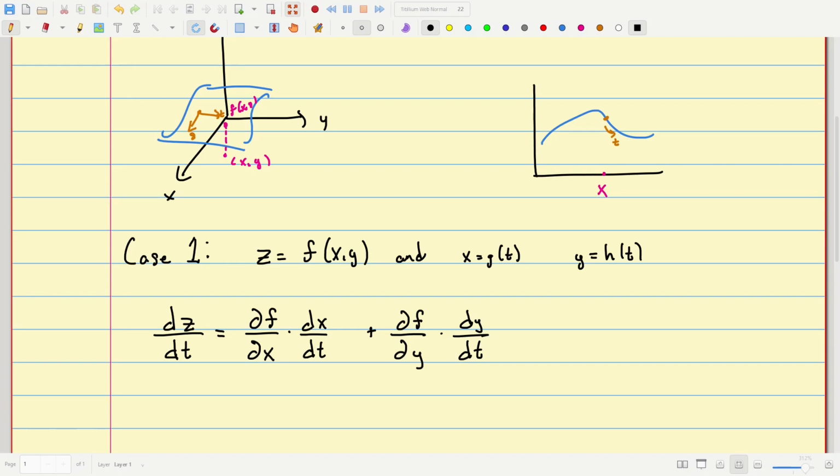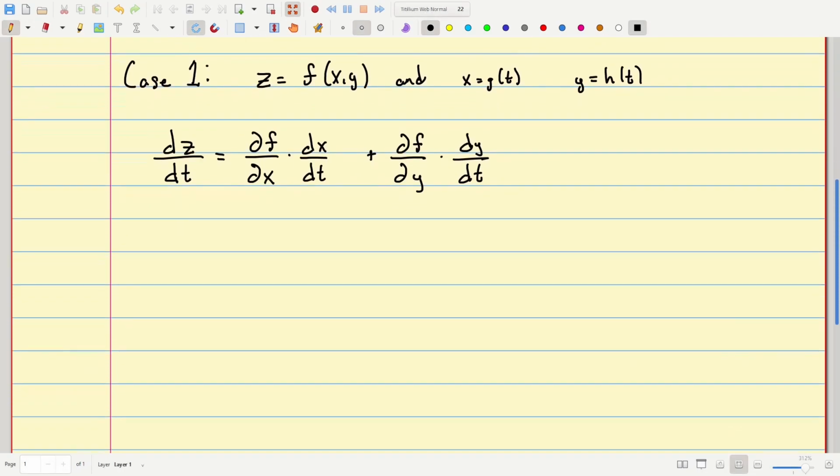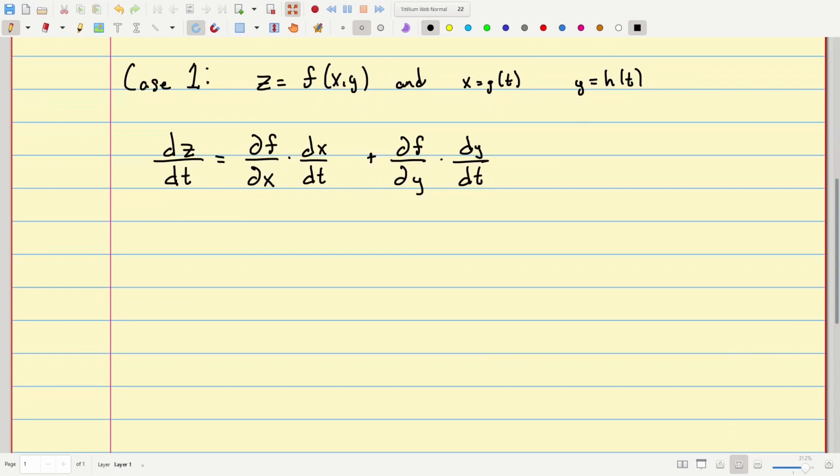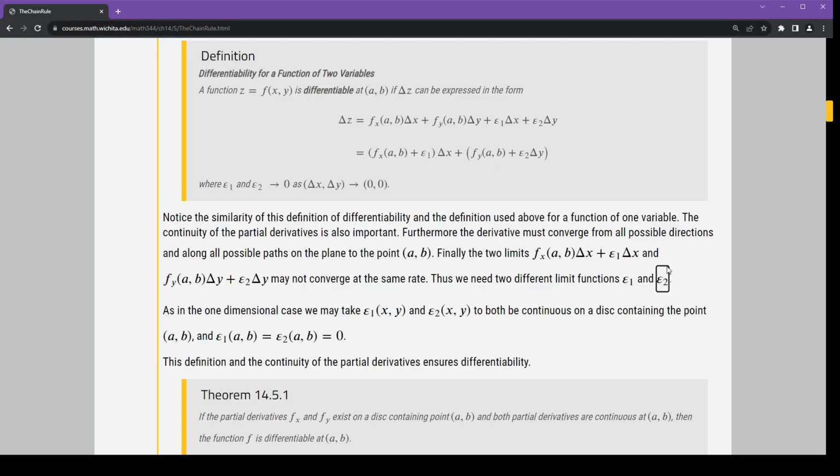All right. Now, we can go through and prove this formula holds, okay? And the way that we would do that is to take a look at the definition of differentiability, okay?